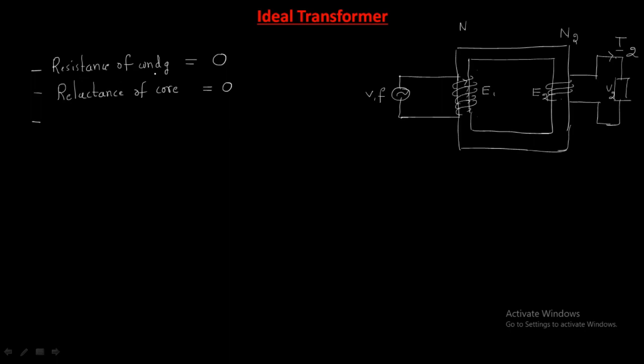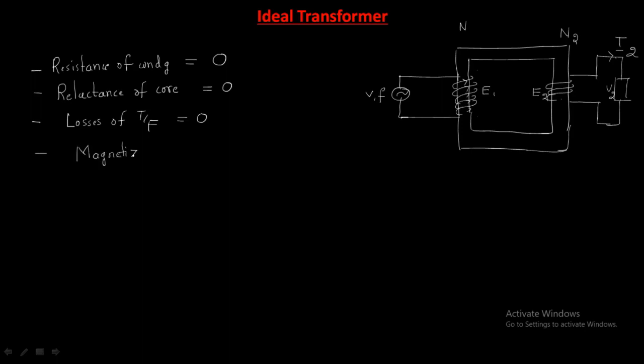Here also every winding has a resistance, it will oppose the current, right? So whenever these two are 0, automatically the losses of the transformer are 0. Practically every machine in the universe has some losses, but we are assuming the losses of the transformer are 0.